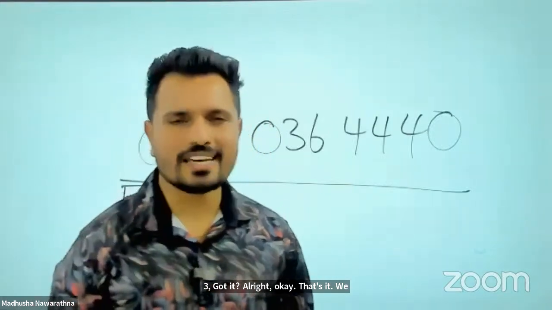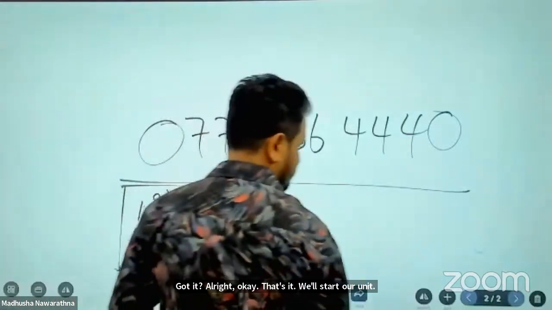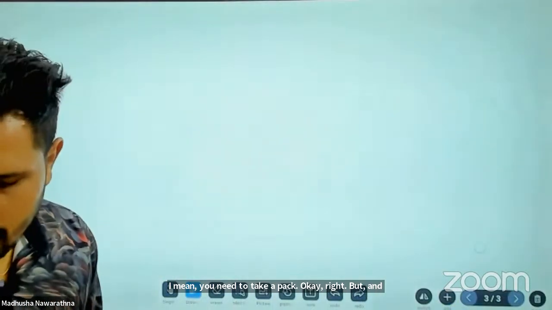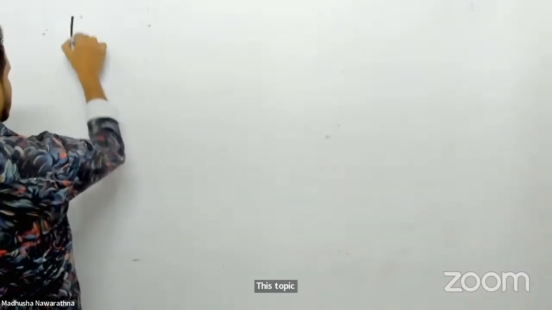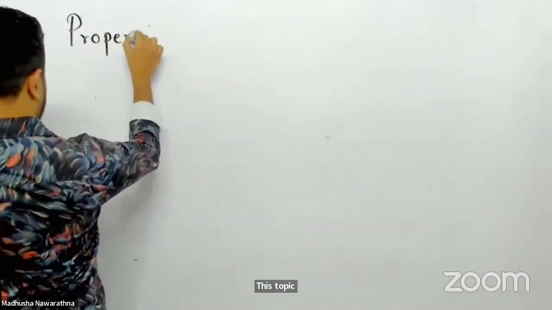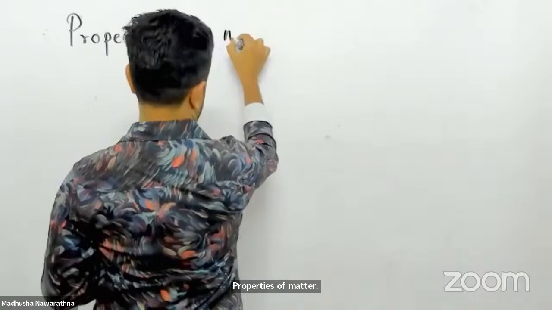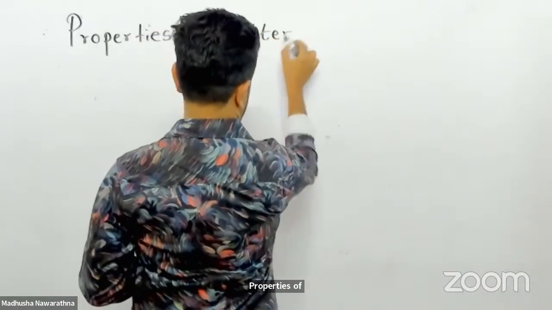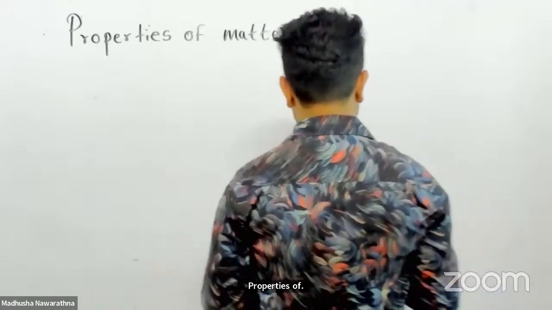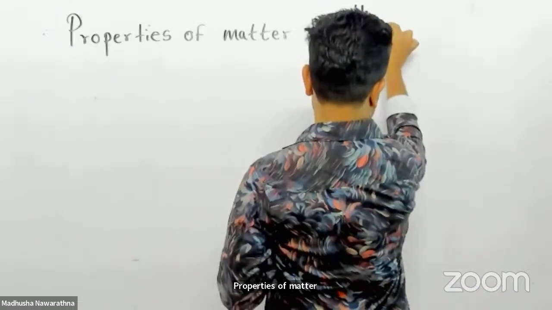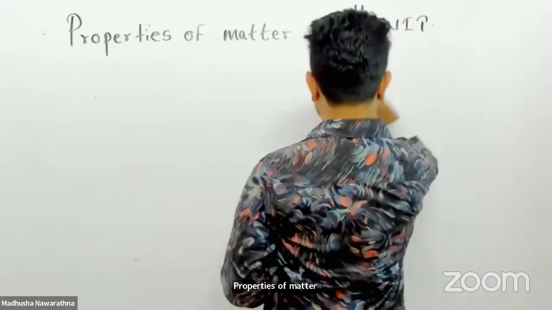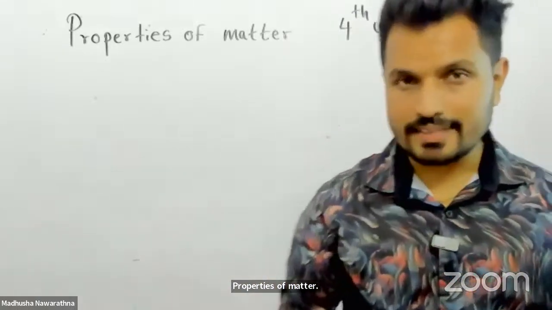We'll start our unit. අපි පුතේ unit එක පටන් ගමු. පුතේ ලියන්න මෙහෙම. Write this topic. Properties of matter. Fourth unit. Properties of matter.